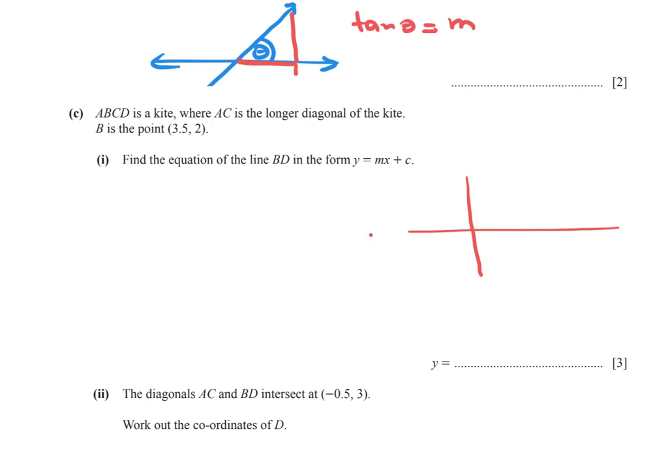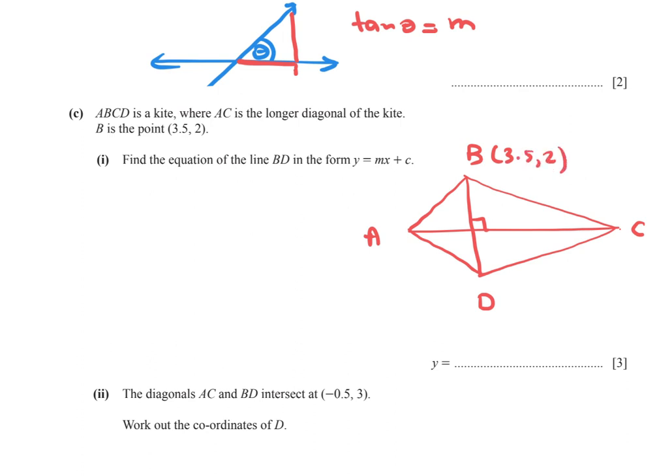If we consider that AC is the longer diagonal, so this is AC and this is BD. The diagonals of the kite are perpendicular, so this is the kite. We have the point B, 3.5 and 2.